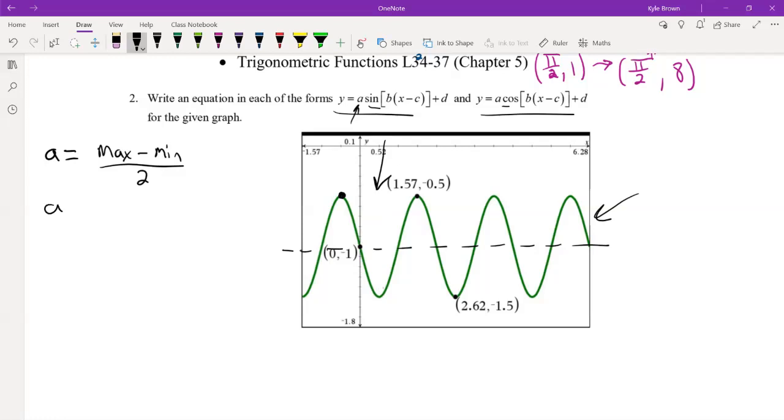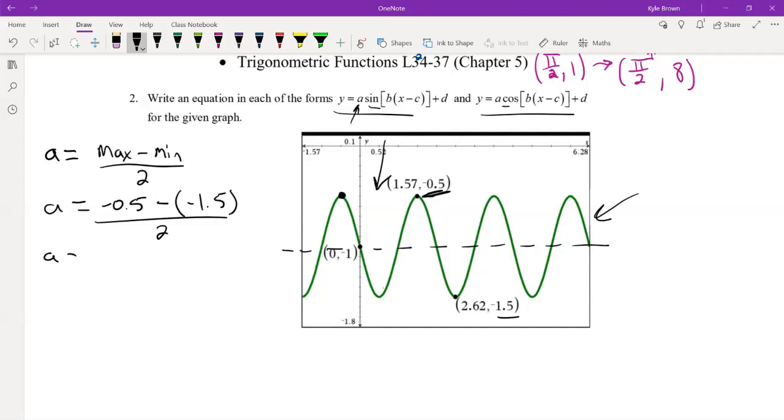So let's do it. We'll say A is equal to max, so the max Y value is negative 0.5, and then minus negative 1.5, divided by 2.